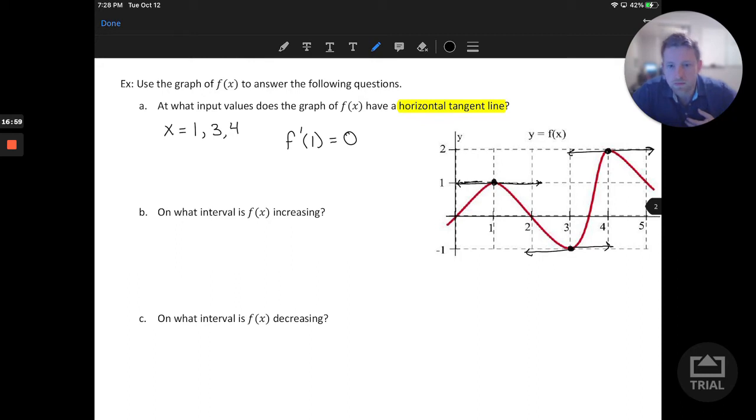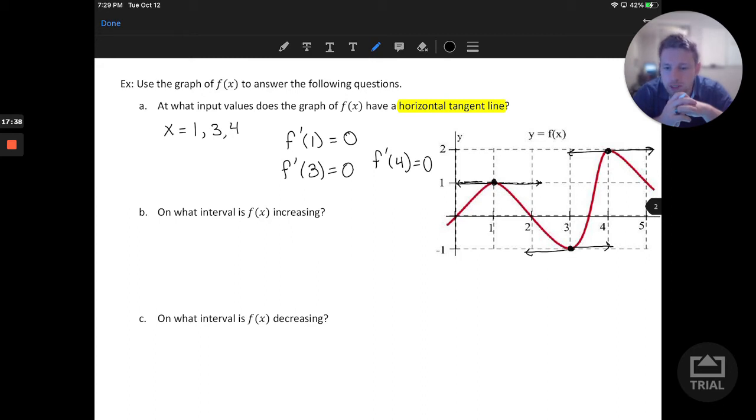We could say in a similar fashion that f prime of 3 is also equal to 0, and finally f prime of 4 would be equal to 0. That's the connection between our function having a horizontal tangent line and our derivative at each of those individual points also being 0.